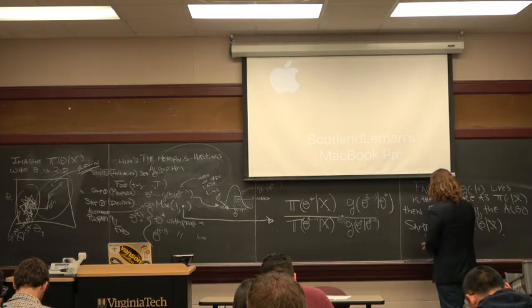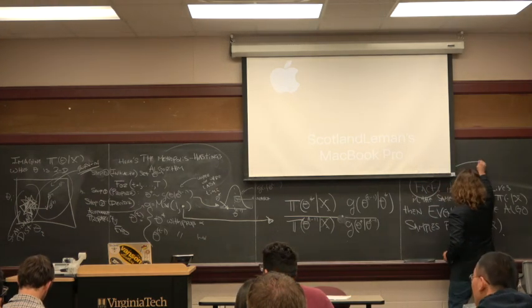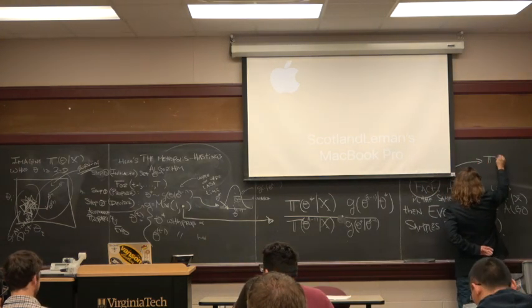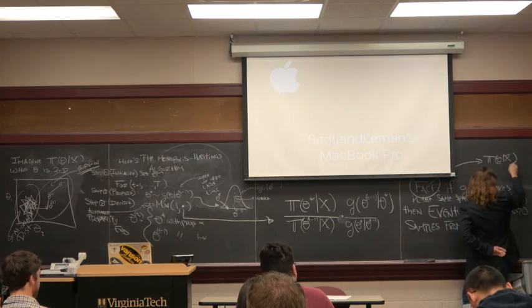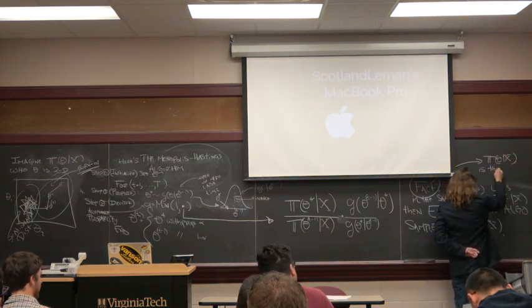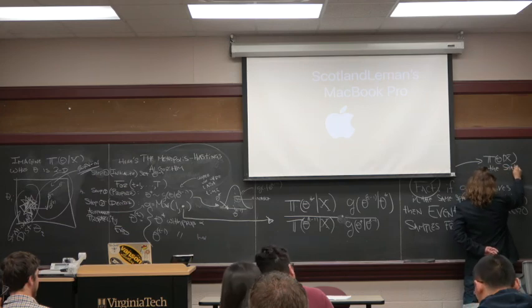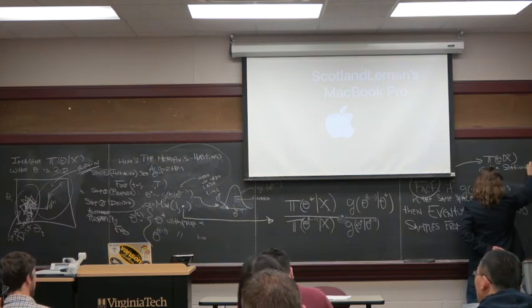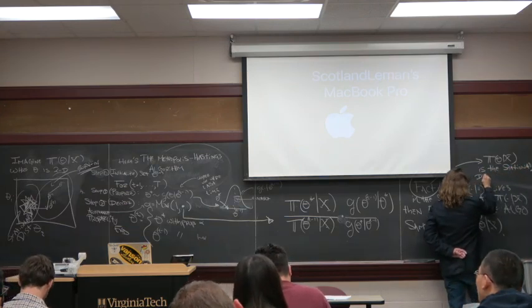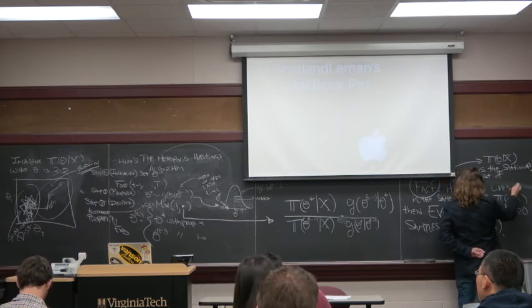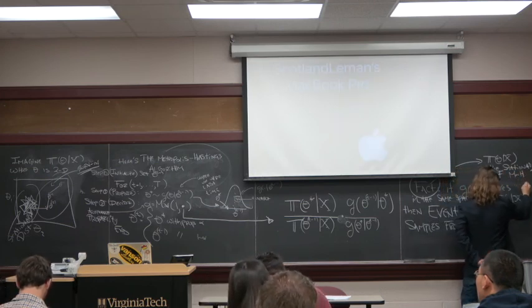So here's what this fact really says. Pi of theta given x is the stationary distribution of the Metropolis-Hastings algorithm.